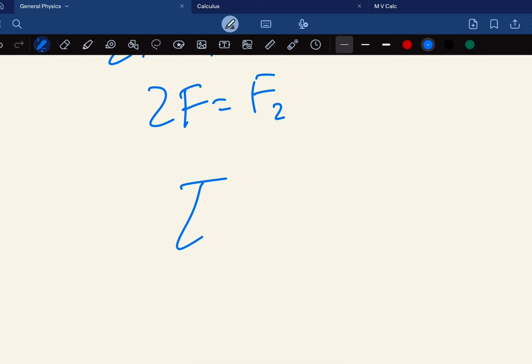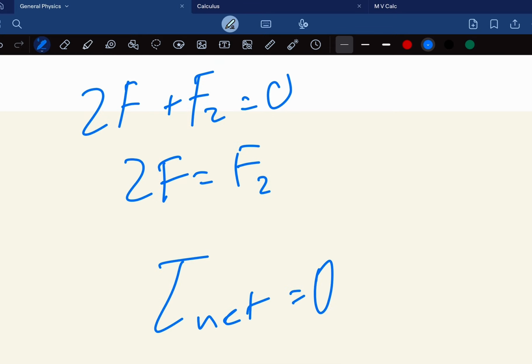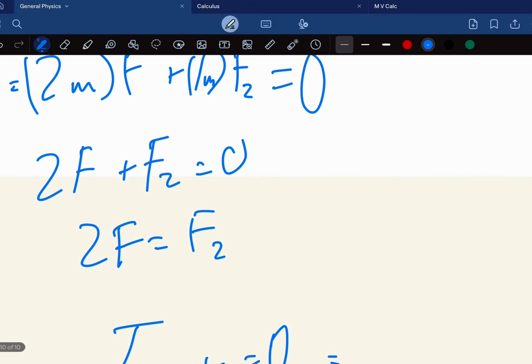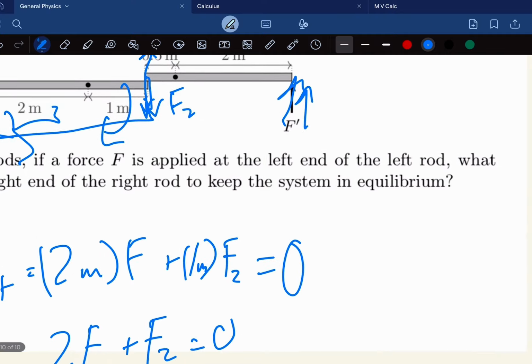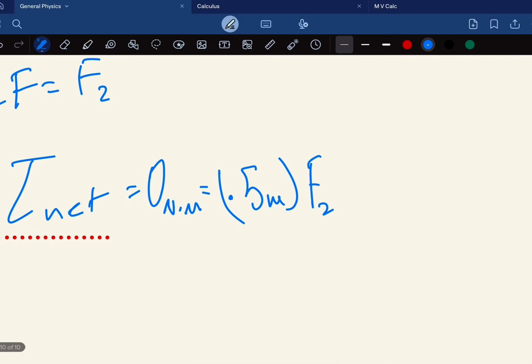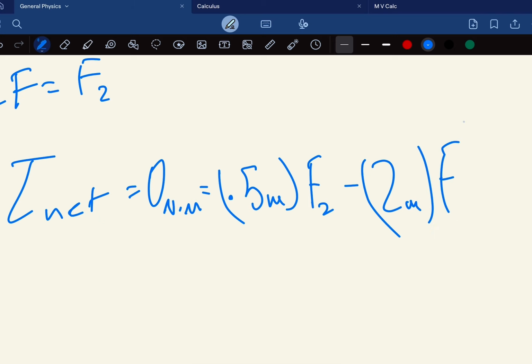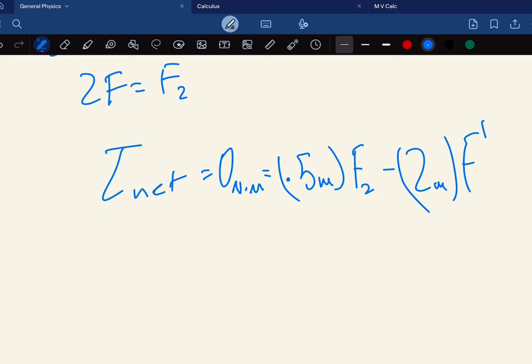So our net torque equation for the bottom part is equal to 0 newton meters, which is equal to 0.5 meters times F2, and then that is minus 2 meters times F prime, as they are in opposite directions.